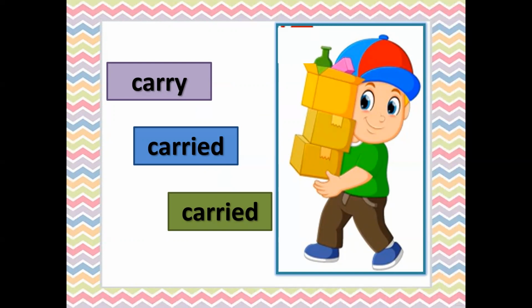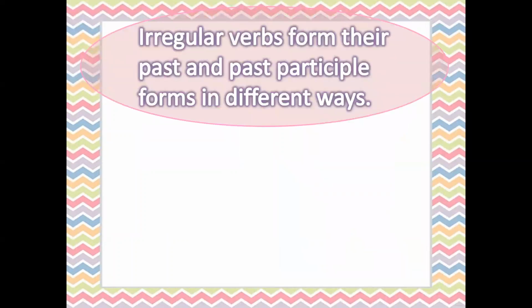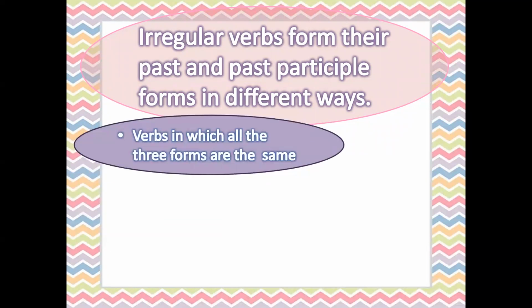And now, students, we will focus on what? Let's see. Now, our focus will be on the irregular verbs. Irregular verbs form their past and past participle forms in different ways, right? So let's see the different ways. The first one is verbs in which all the three forms are the same.